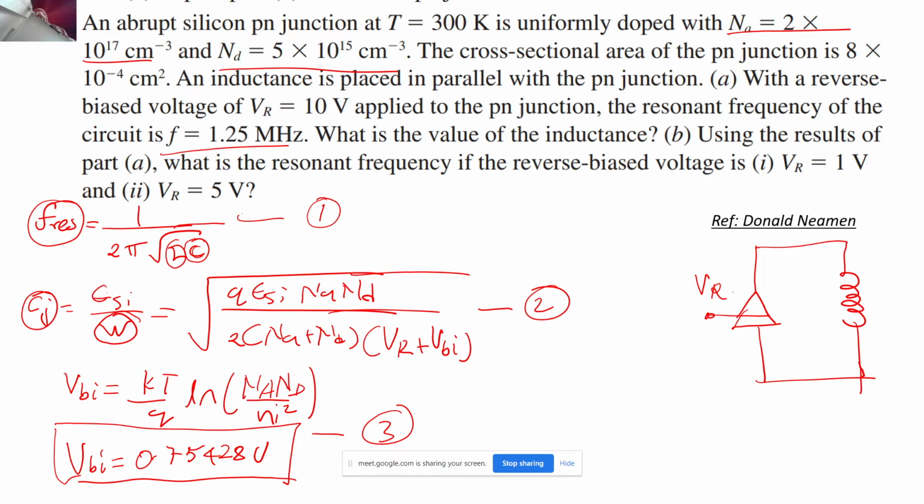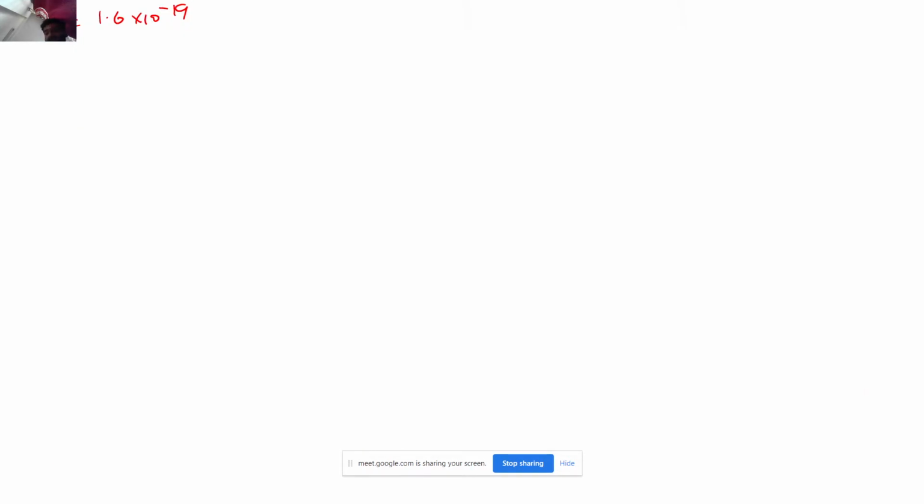Q is 1.6 into 10 to the power minus 19. What is the value of epsilon SI? 11.7 into 8.85 into 10 to the power minus 14. Now Na and ND have also been given to me. Their product will come out to be around 10 to the power 33, divided by 2. It is just the addition of Na and ND, 5 into 10 to the power 15, and this is VR.